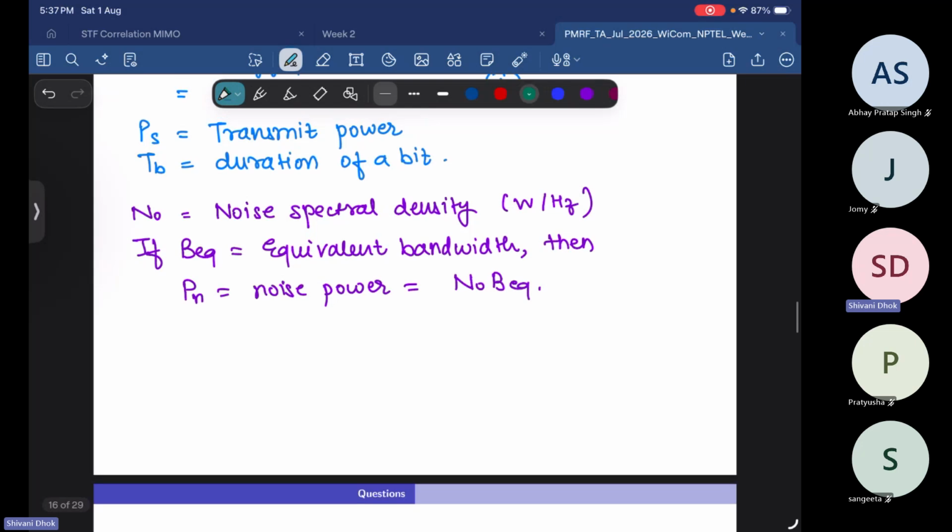And generally the pulse shaping filters that you use help you to restrict your bandwidth in such a way that it is equal to 1 over your symbol duration. Examples of pulse shaping filters are square root raised cosine filters and so on. So generally your B_eq is approximately equal to 1 by Ts, where Ts is the duration of a symbol.